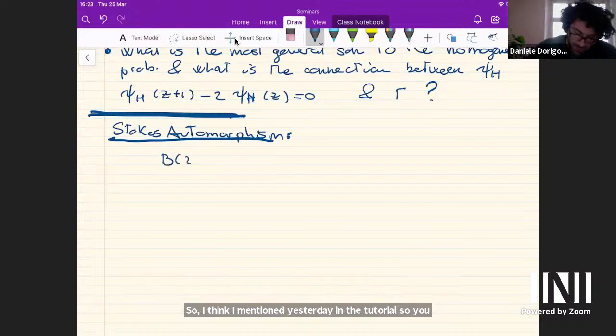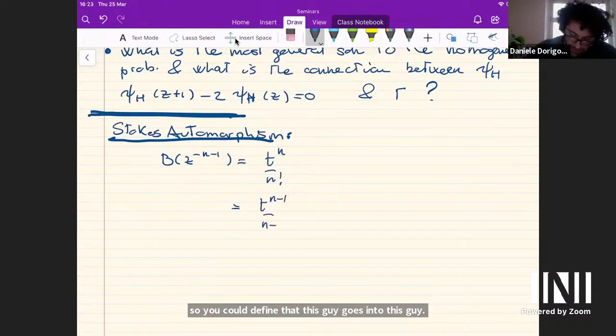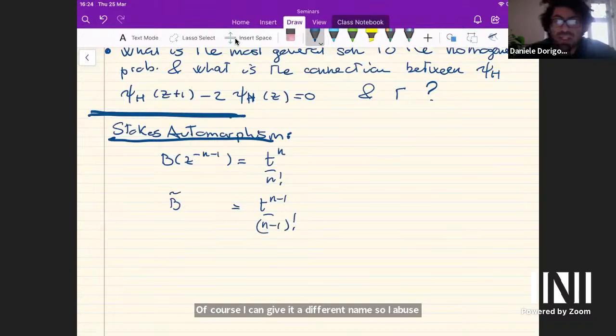You could define that this goes into this, or you could also define that it goes into this. Of course, I give a different name, so I have use of notation. All of these are slightly equivalent. They correspond to taking derivatives. And of course, whenever you take derivatives, you forget the constant. So with a different normalization, you can include them.